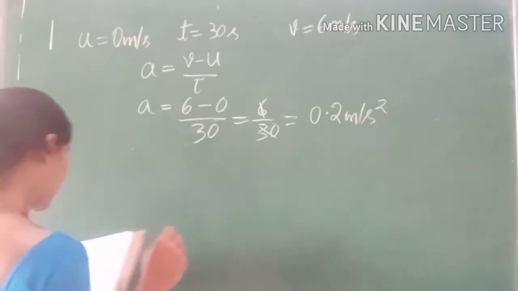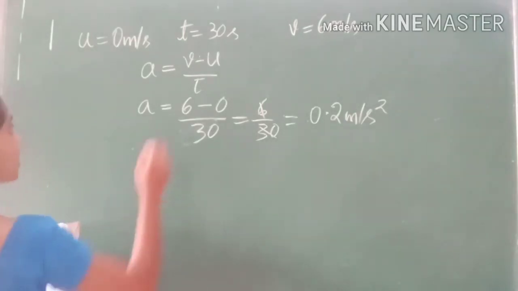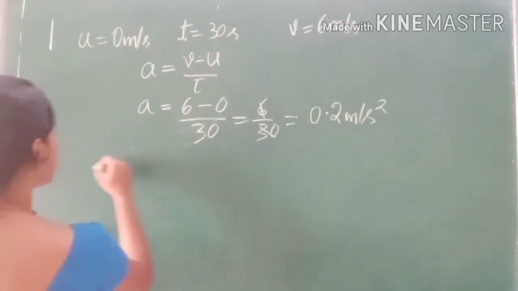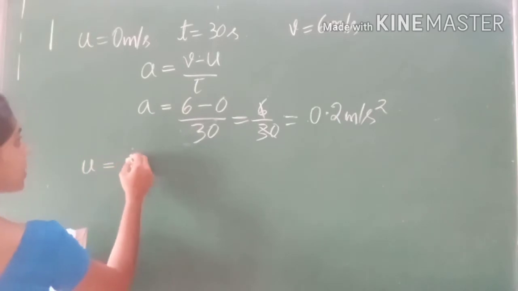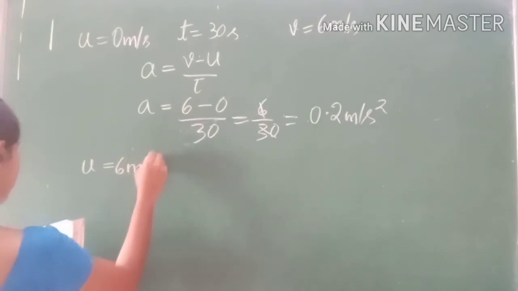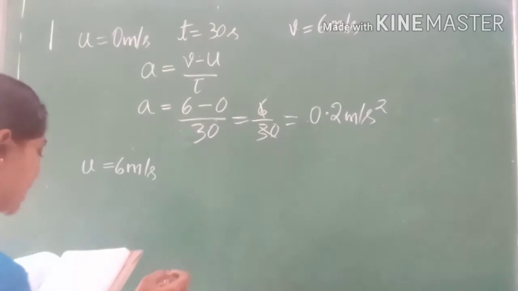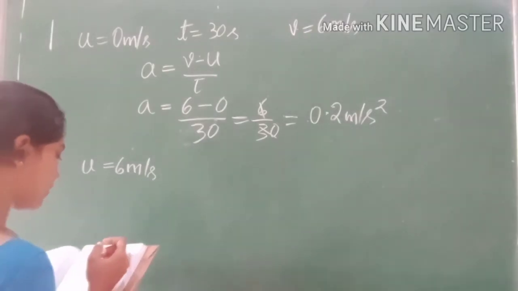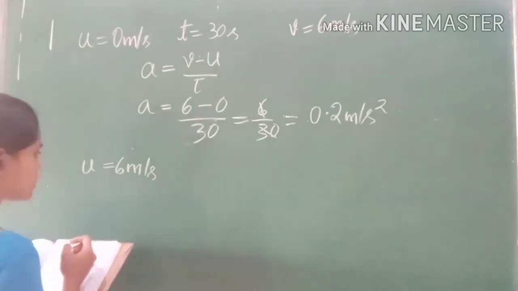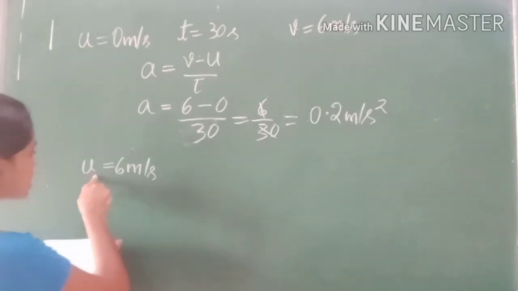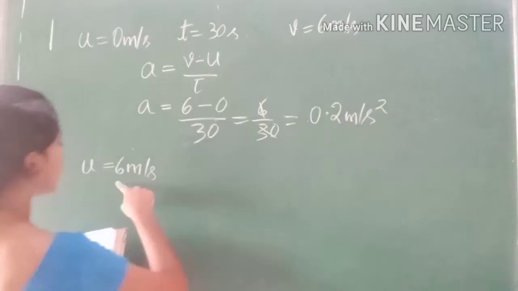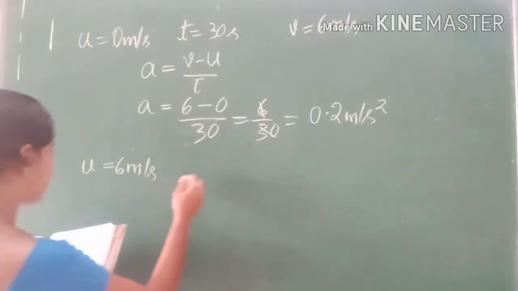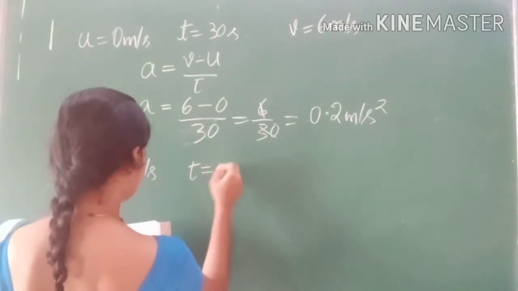Next, let us consider the earlier v as u, 6 meter per second. Then he applies a brake such that the velocity comes down to 4 meter per second in the next 5 seconds. So the initial velocity is 6 meter per second and the time taken is 5 seconds.